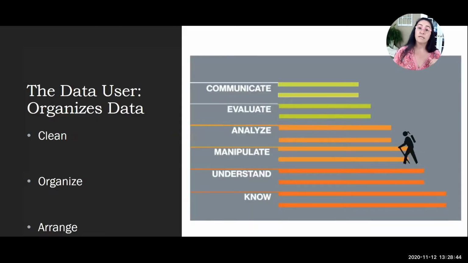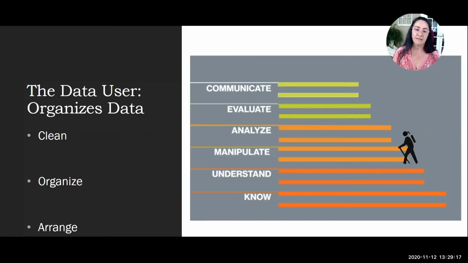The next step in the data citizen continuum is the data user. The data user at first must know how to manipulate or organize the data. Manipulation is a tough word to use in the context of data, so I recognize, but you'll definitely see it used in Bloom's taxonomy and surely in straight analytical terms, manipulation is a real thing that we do, right?